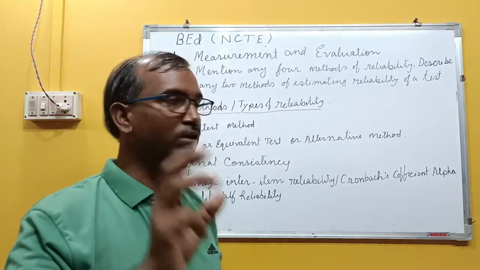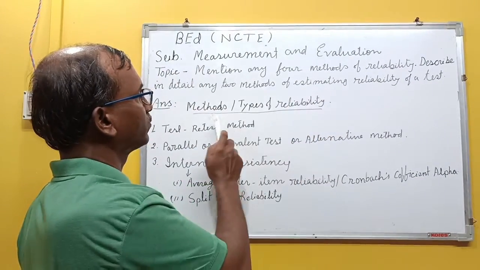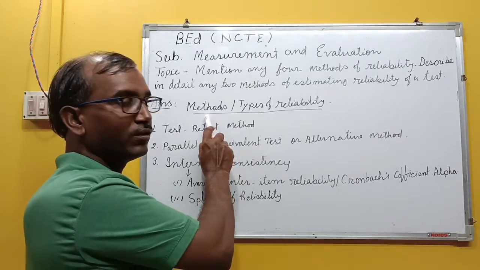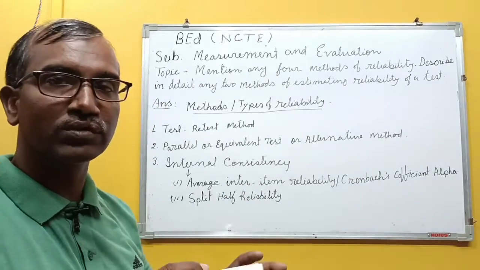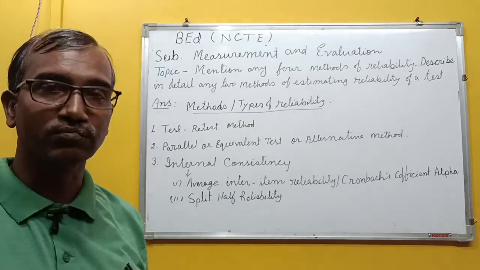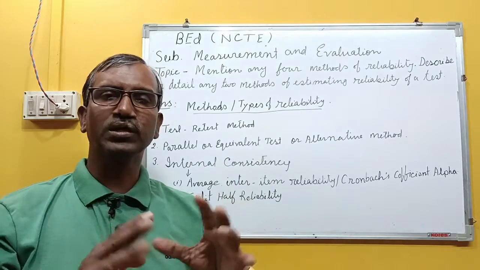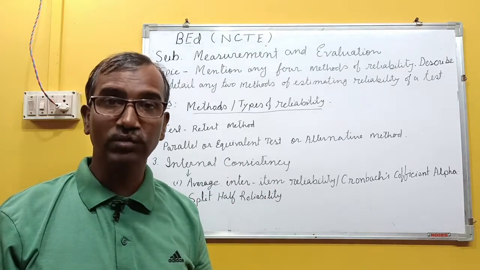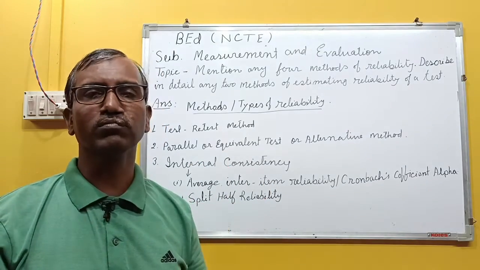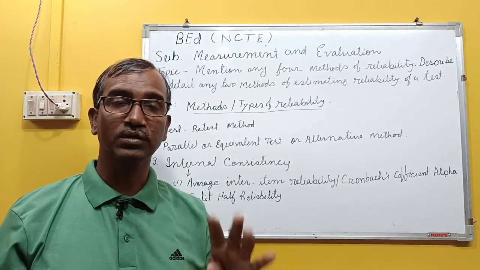Now, what are we actually going to discuss? We are going to discuss the methods of reliability, and methods are also known as types of reliability, because there are basically 4 very common methods of estimating reliability of a test.